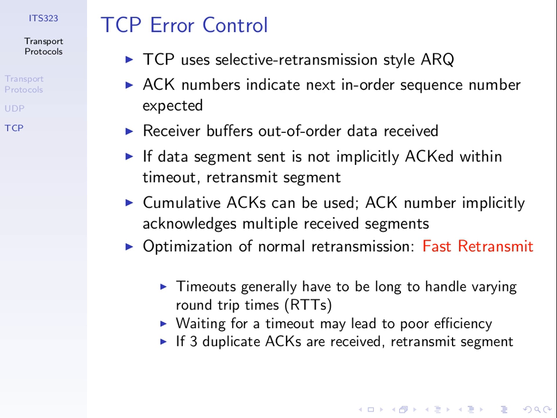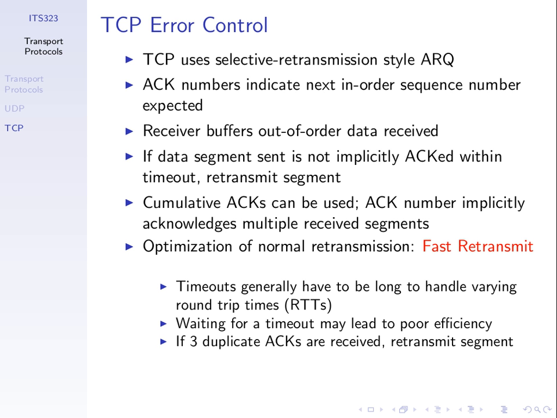So if we send 10 segments, if the fourth segment is lost, in go back N, we need to go back and retransmit the fourth, fifth, sixth, and up to the 10th segment. Whereas with selective reject or selective retransmission, we just retransmit the one segment that was lost.